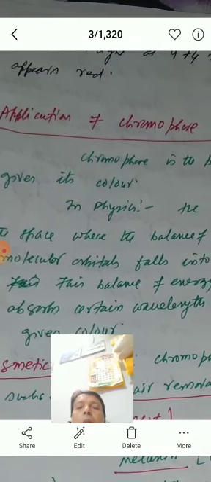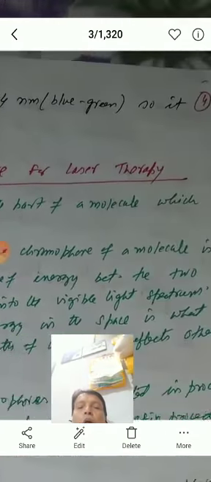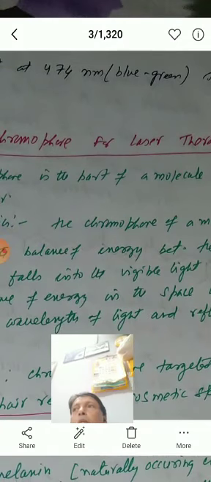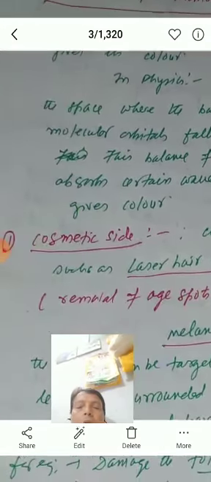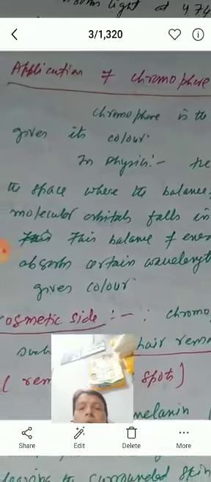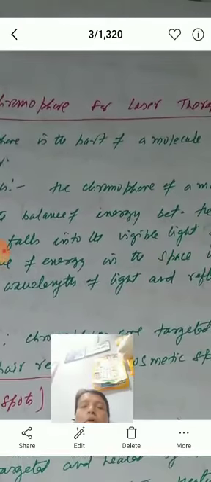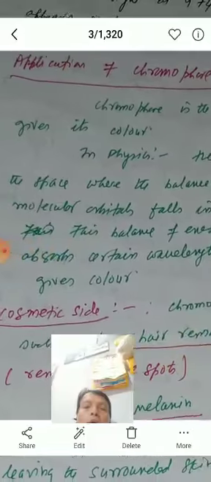What are the applications of chromophore for laser therapy? Now, chromophore may be used in laser therapy, in cosmetic side. Chromophore is the part of a molecule which gives its color.